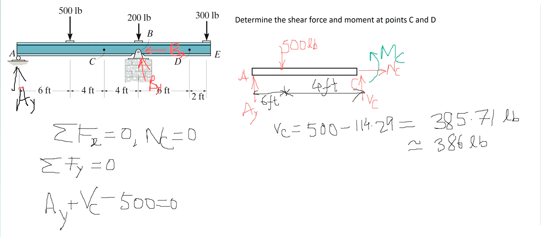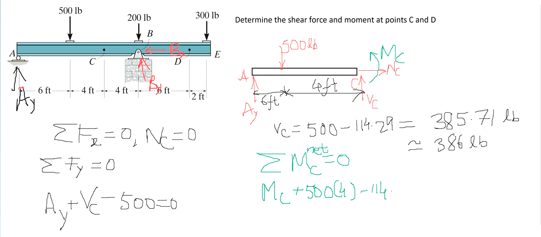Now, in order to calculate the value of MC, we take the moment about C. Alright, so we have MC plus 500 times 4 minus 114.29 times 10 equal to 0.